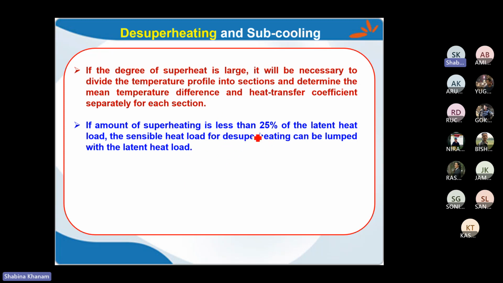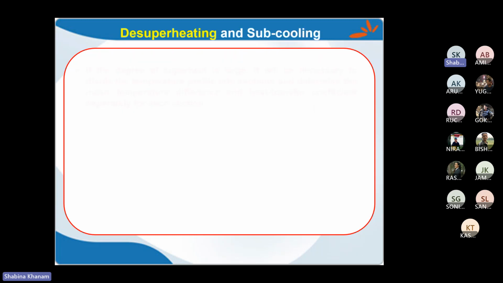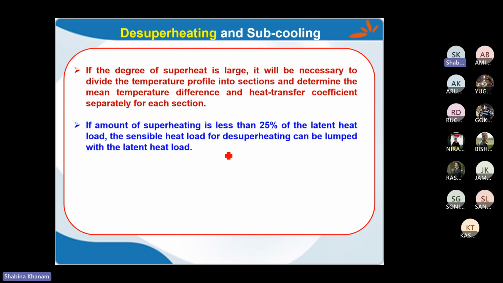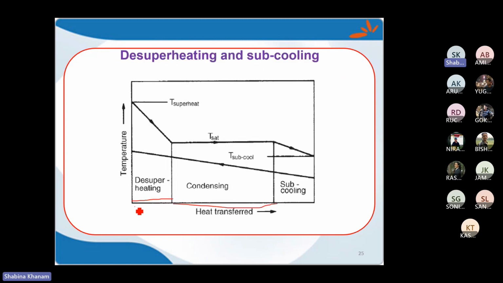Okay, so if superheating is less than 25% of latent heat load, the meaning is this is the latent heat load, and if this load is 25% or less than this load, in that case the sensible heat load of de-superheating can be clubbed with latent heat load. It means in that case you will consider from here to here.